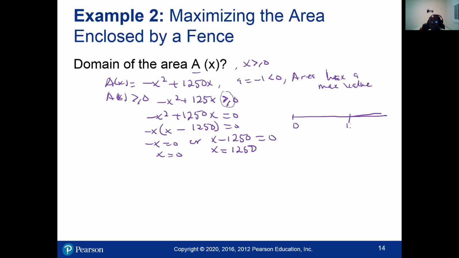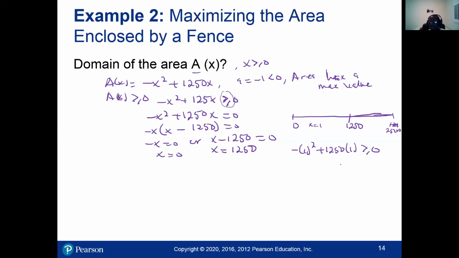So let's put 1250 here. And then we're going to test. Let's say you have 1250, that's 2,500 yards, that's the whole thing. What's happening is that we test this on this inequality. If I pick X is equal to 1 here and substitute into this inequality, that gives me minus 1 squared plus 1250 times 1.